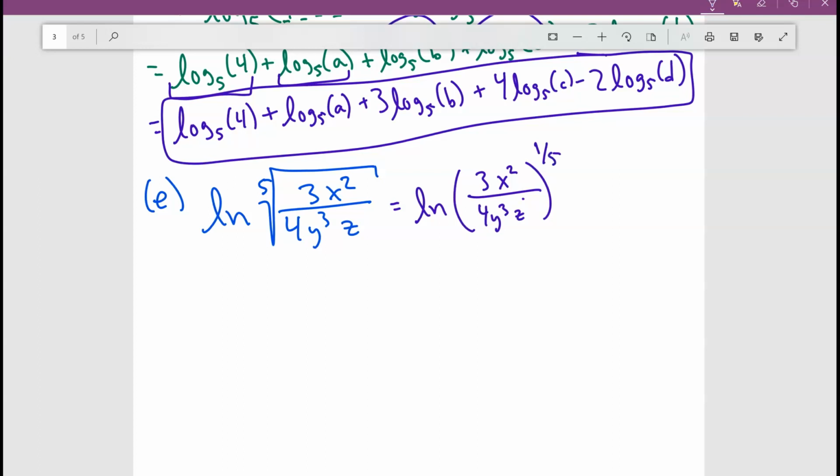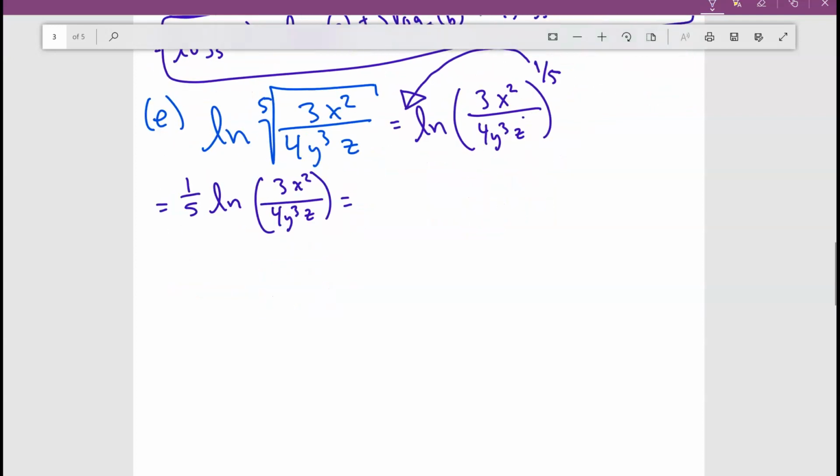Because remember, that's how you can write it as a rational exponent. And now this 1/5, I can bring it to the front. You can distribute it inside, but I think it'll be easier if you just bring it to the front. So this is going to be 1/5 ln of 3x squared divided by 4y cubed z.